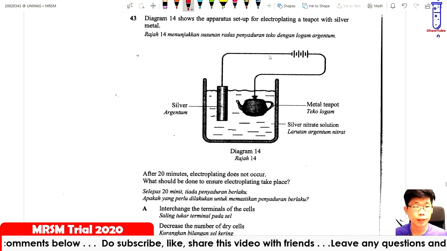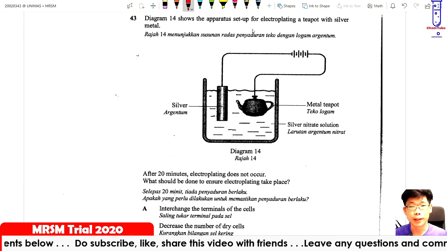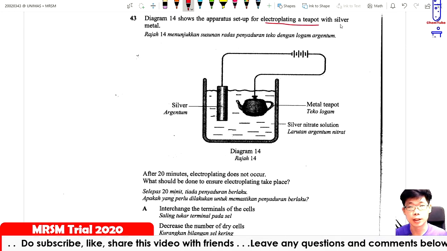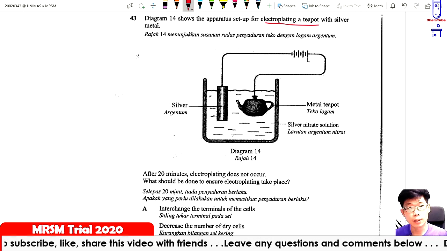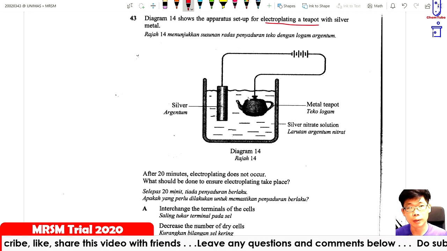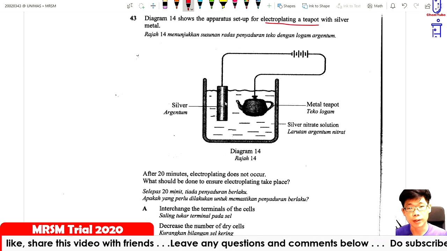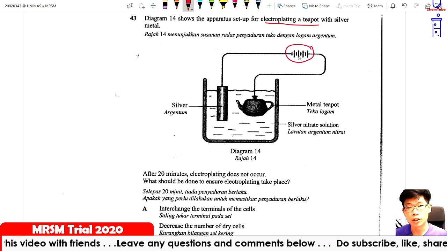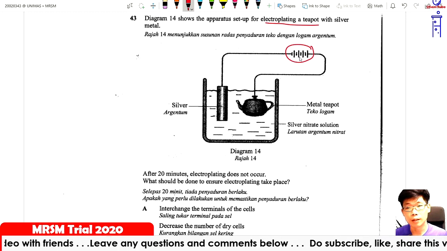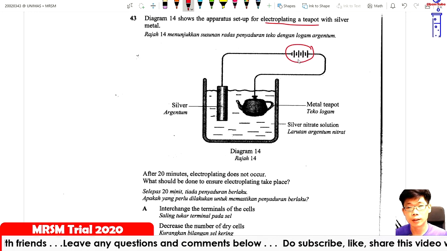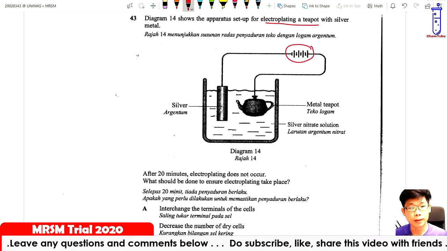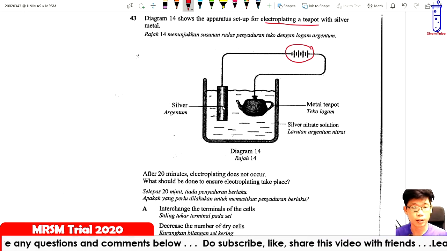Question 43. Diagram 14 shows the apparatus for the electroplating of a teapot using silver metal. So we want to electroplate the teapot with silver. Actually, the position of the terminals of the battery is wrong, because the electroplating metal should be put at the anode, the positive terminal.